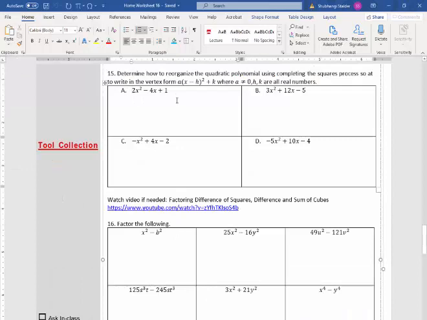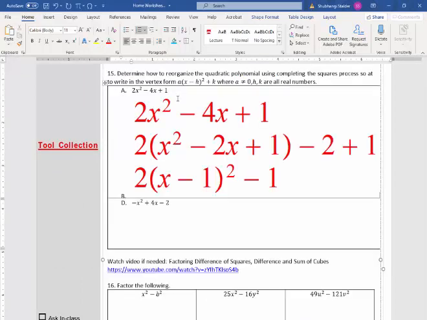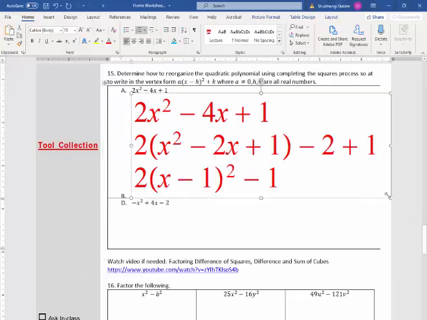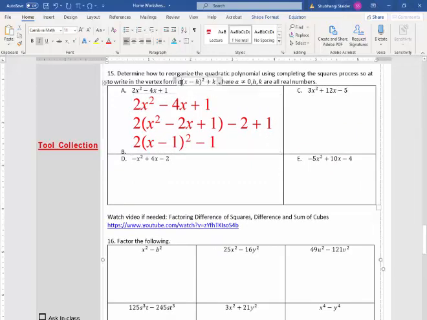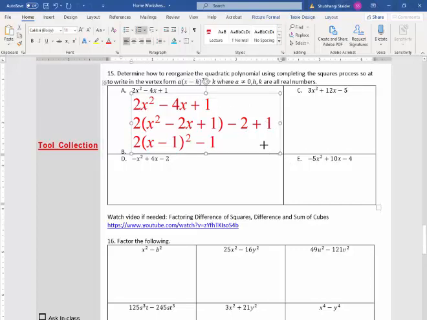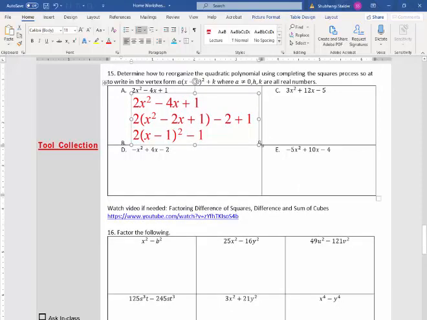So that's our problem. Do you see how it's in that form? Our a is 2, our h is 1, and the k is 1. So if I said, do you think you could sketch the graph of this? What would the graph look like, do you think?